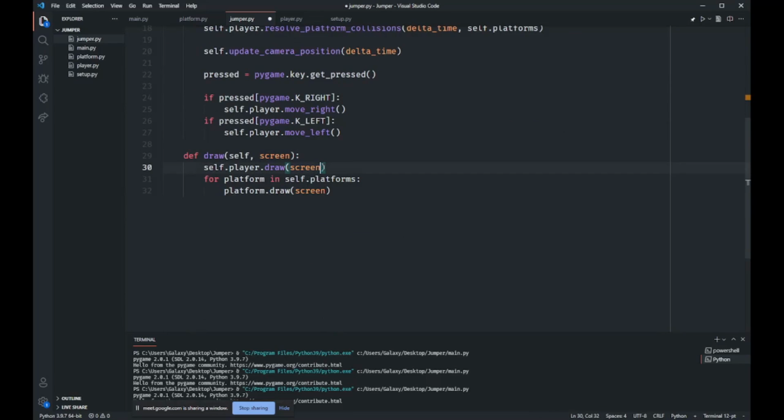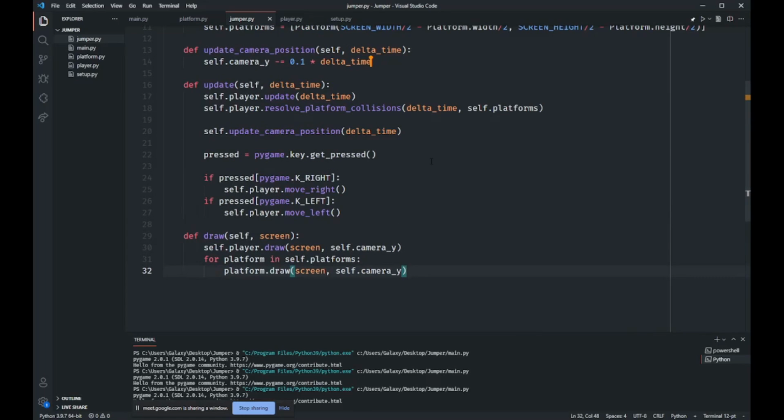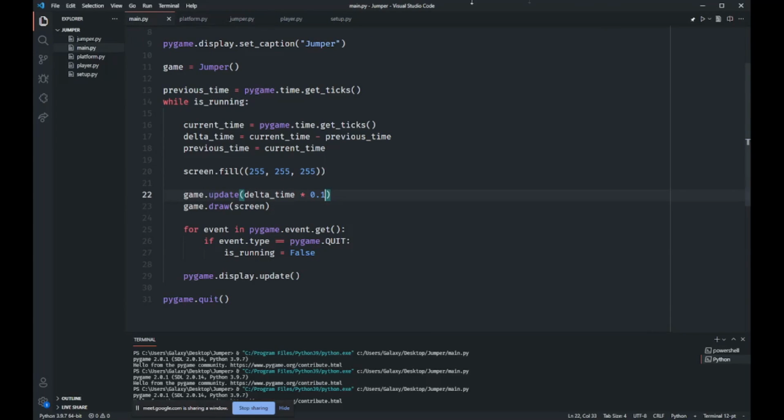So when we draw the player, we pass in the camera Y. When we draw the platform, we pass in the camera Y. And so that's going to shift everything relative to the camera. So when we move up, everything's moving down. Hopefully that's been made clear.